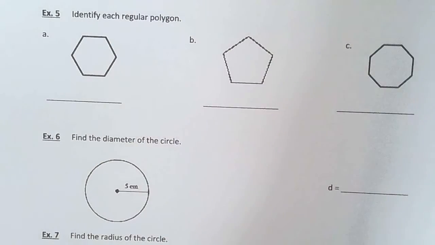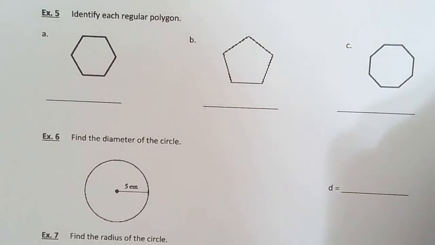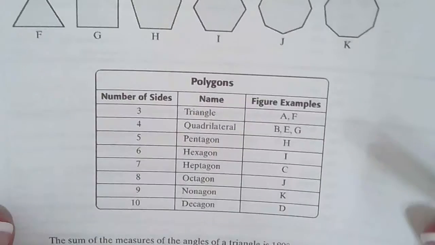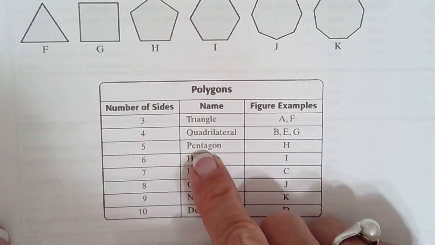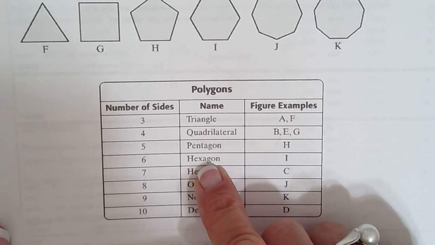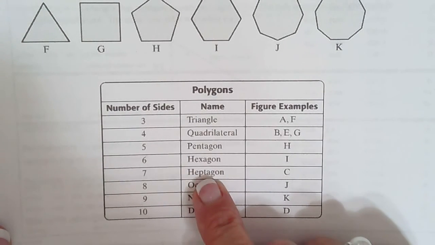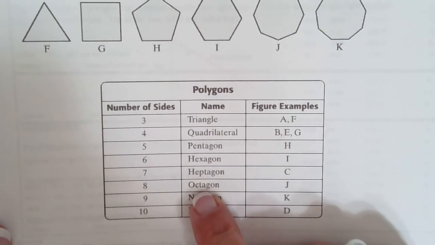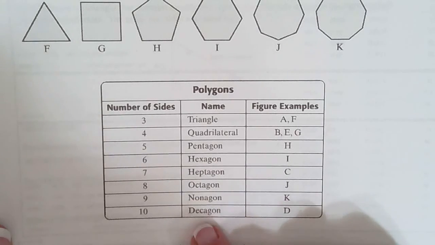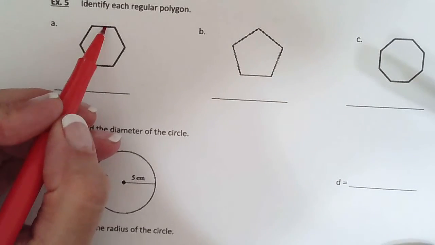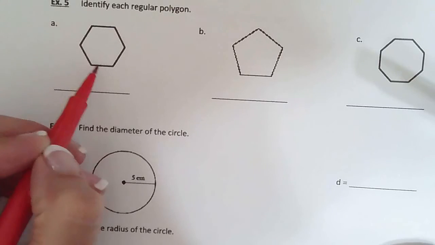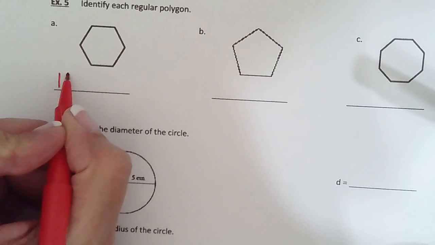Oh, no, it is page 3, where all the names of the polygons are: triangle, 4 sides quad, 5 pentagon, hexagon, 7 heptagon, 8 octagon, 9 nonagon, and 10 is decagon. So this one has 1, 2, 3, 4, 5, 6. So that is a hexagon.